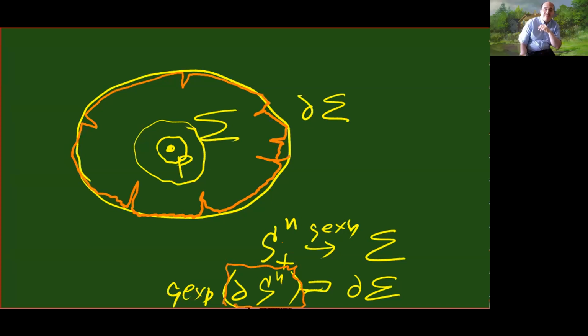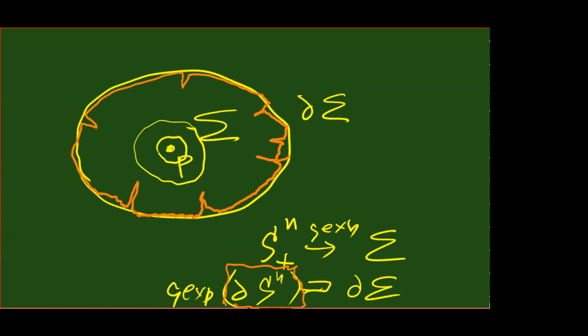Sorry, can I make a comment here? Sure. You don't actually know that it's a half sphere. The space of directions at this point P could be smaller. Right, you have to work a little bit, but there is a short map from the sphere to this. You can roughly assume that the space of directions is a sphere at a generic point, and by approximation you can do this.